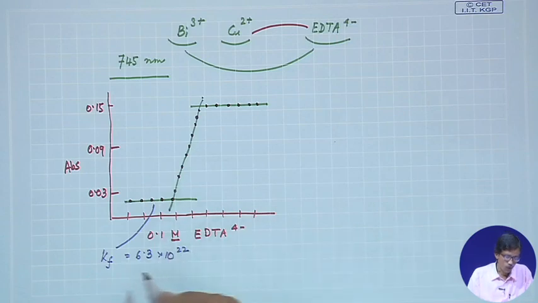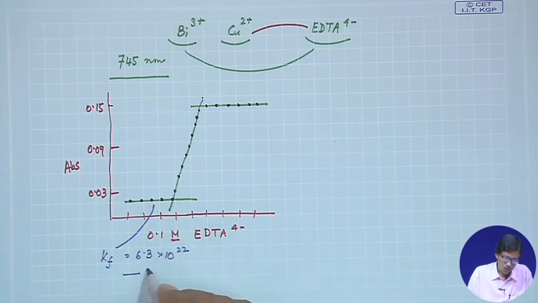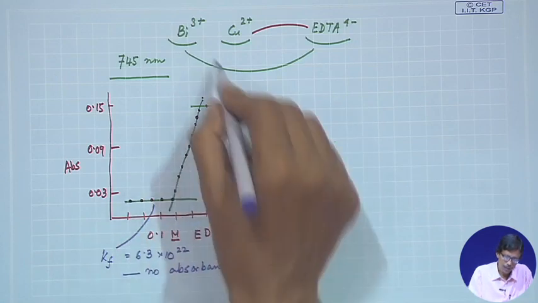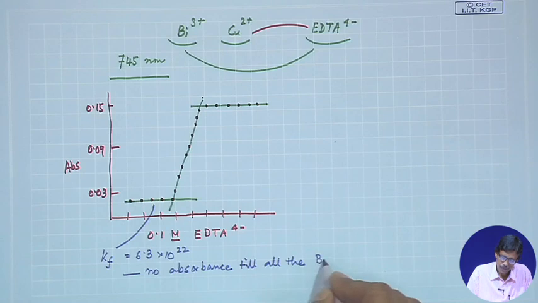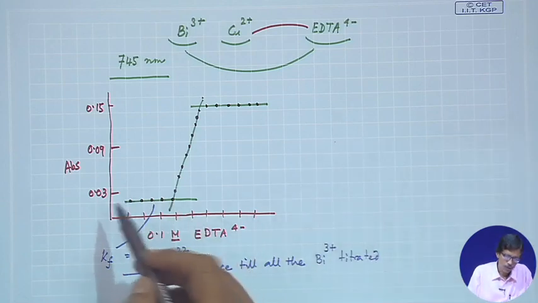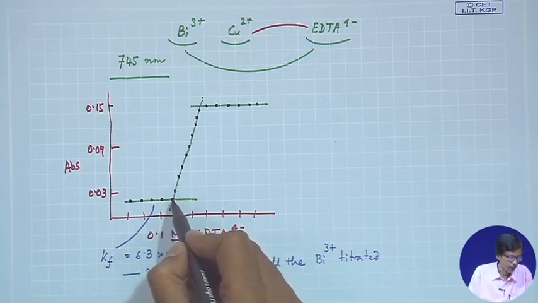So, in this region we do not have any change in absorbance, no absorbance change till all this bismuth 3 plus is consumed, or titrated.